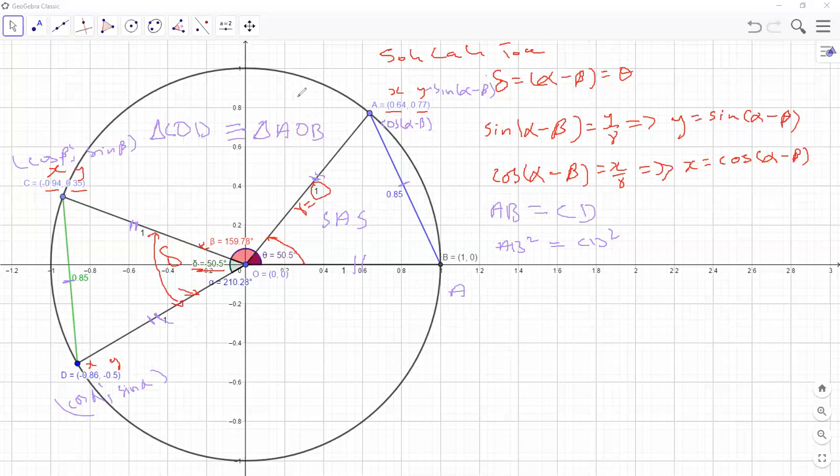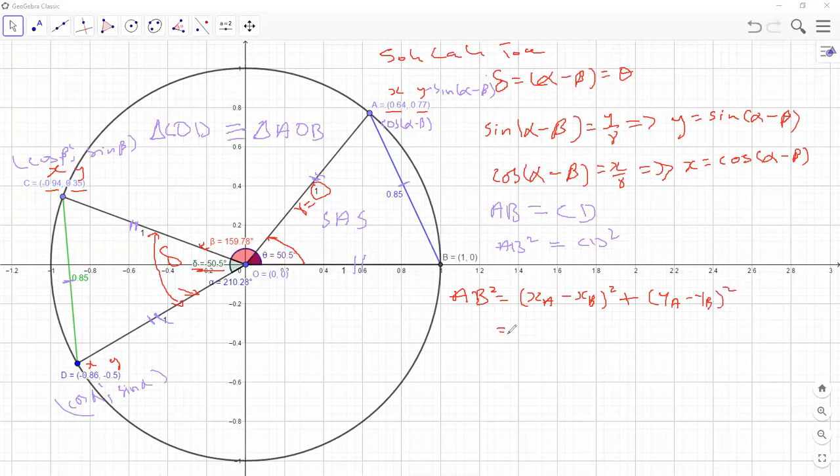And for that, I'm simply going to use the distance formula, which I believe you remember from analytical geometry. So AB squared is what? XA minus XB, or you could say XB minus XA, it's immaterial, plus YA minus YB, all squared.